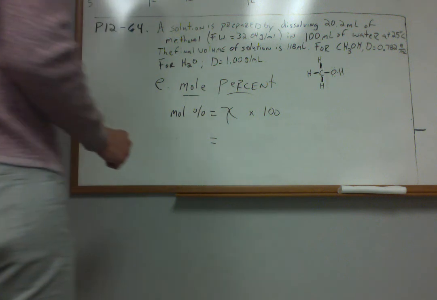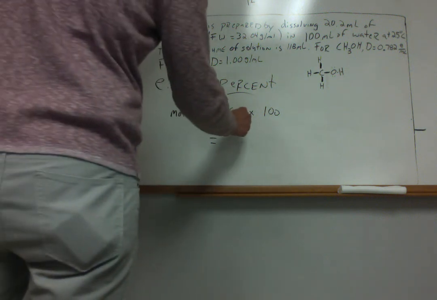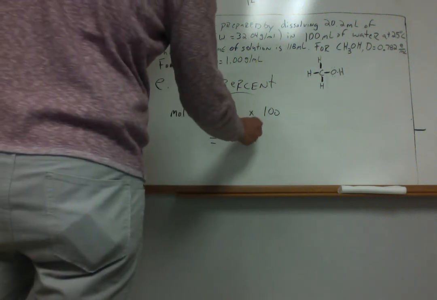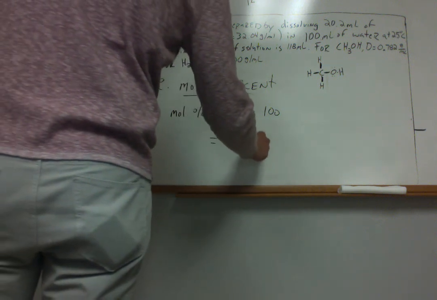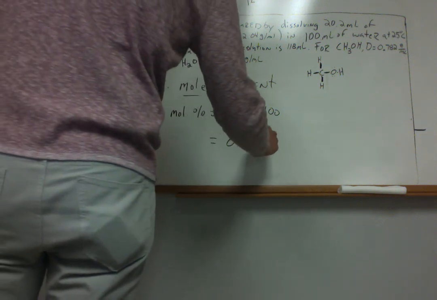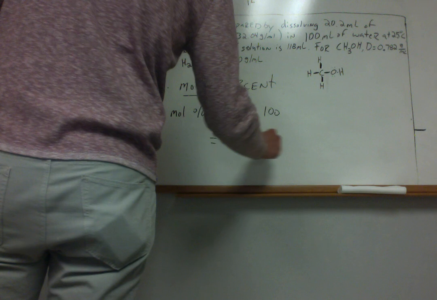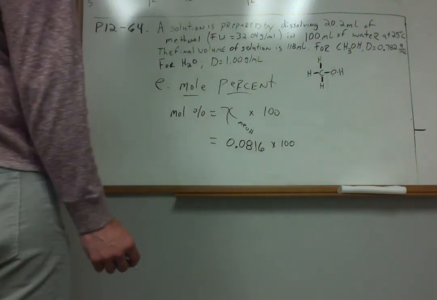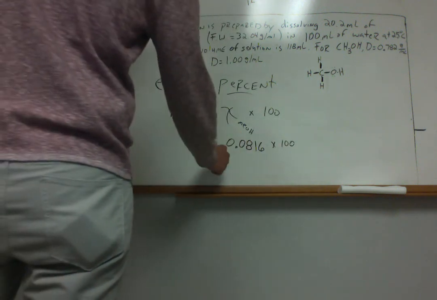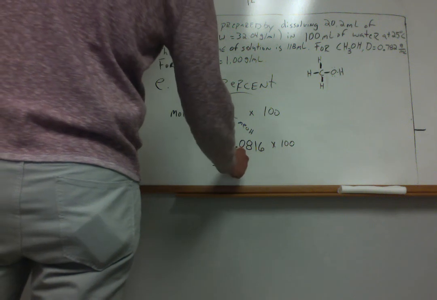So this one's pretty easy because in that last step we computed the mole fraction of our methanol and it was equal to 0.0816. All I need to do to compute my mole percent is multiply that by 100, which of course is like moving the decimal place 2 spots.